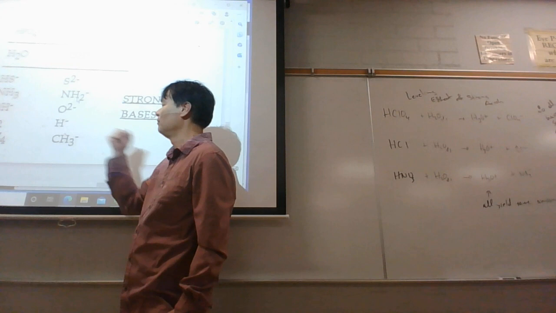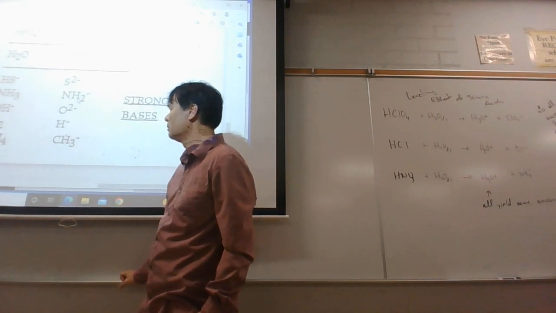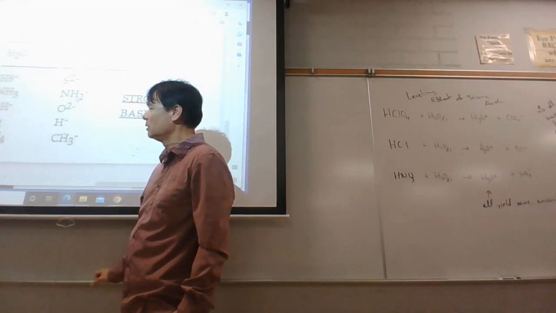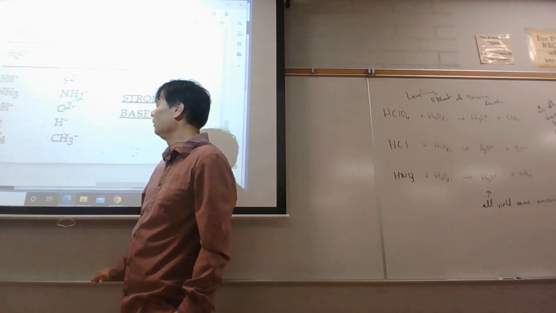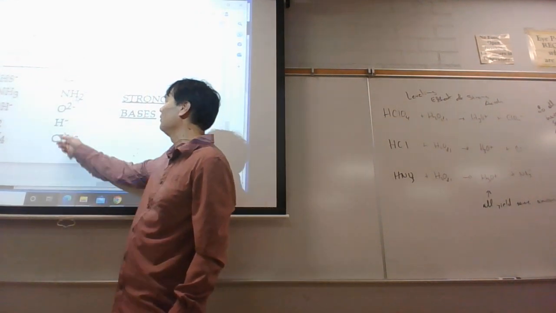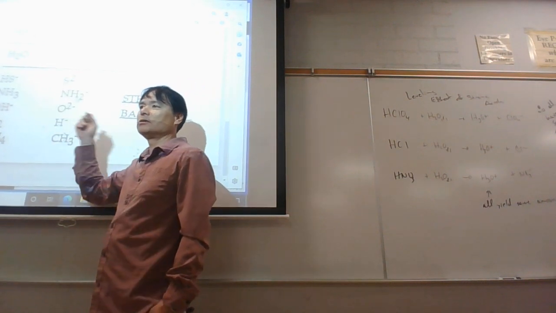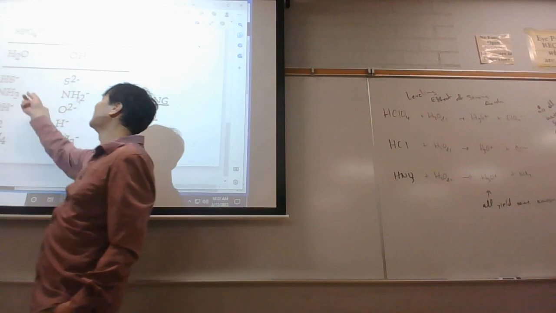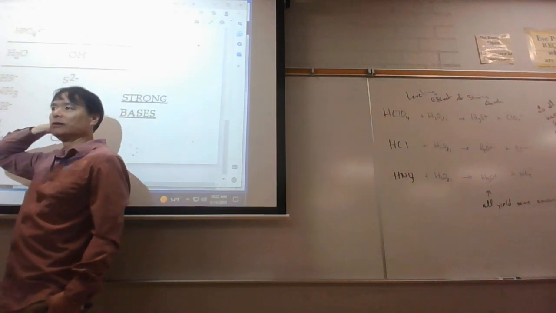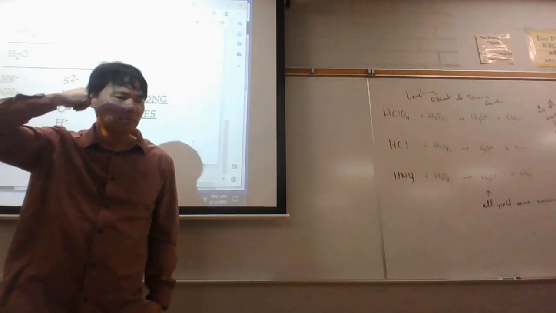How strong of a proton plucker is it? The methide would be the strongest. But it doesn't matter in water. The water are easy protons to pluck for all these. There's no problem. When we get to weaker acids, then it becomes more difficult to pluck the proton.